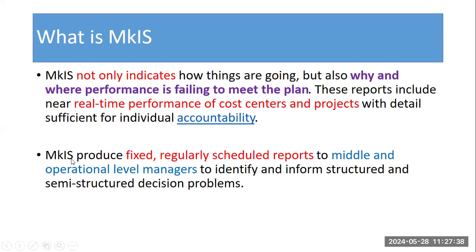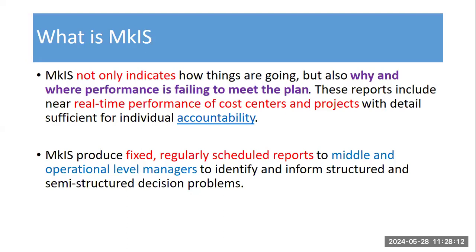Another thing is that the marketing information system produces fixed, regularly scheduled reports to middle and operational level managers to identify and inform about structured and semi-structured problems. Structured problems mean problems that occur frequently, so they can understand this is the problem. But semi-structured means sometimes this is not a common issue.